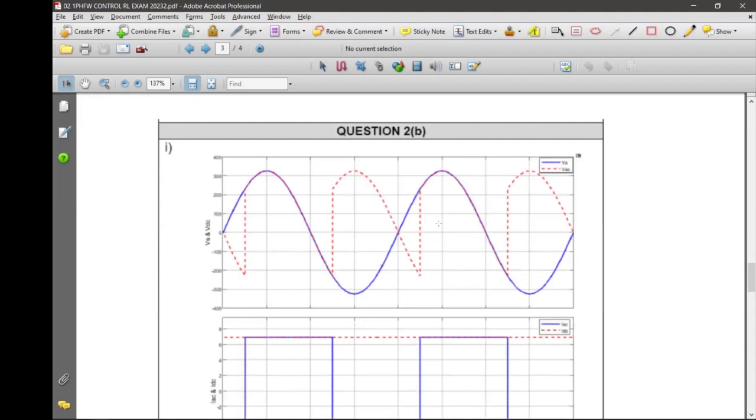Okay, because we have a constant current at the output, therefore the circuit falls under continuous current mode, isn't it? We have two conditions, discontinuous and continuous current mode.